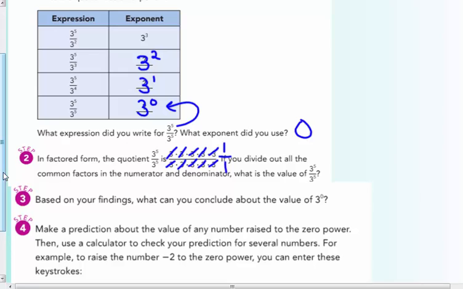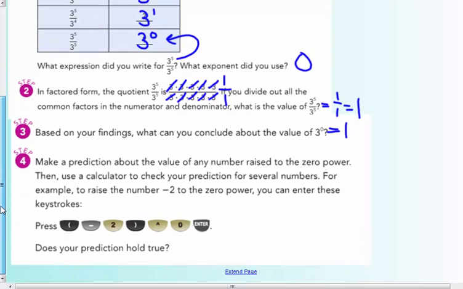What is the value of 3 to the 5th over 3 to the 5th? Well, it's 1 over 1, which equals 1. Based on my findings here, what can you conclude about 3 to the 0, which is equal to 3 to the 5th over 3 to the 5th? Keep the base, subtract the exponents, you get 3 to the 0. That value is 1.